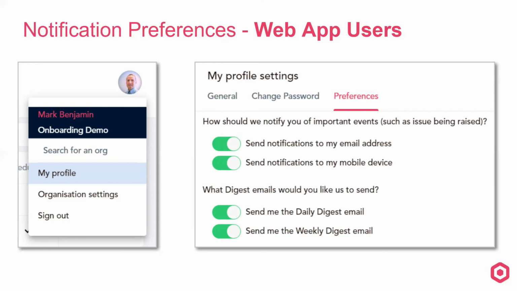Do you want them sent to your mobile device, yes or no? If you turn both of these off, you will not receive any notifications at all, regardless of whether or not they're turned on in the op, for example. So this is like an overriding setting. And just while we're on this screen, if you haven't already done this, maybe you want to turn on the daily digest and weekly digest emails.